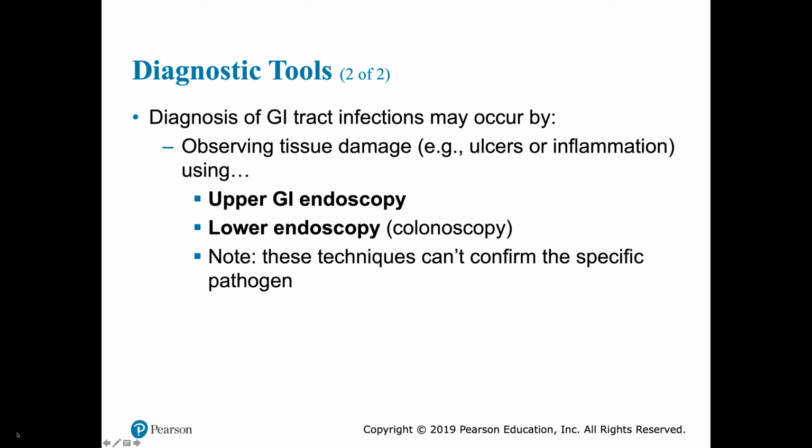So these are really useful tools, but you have to know what you're looking for, if you're looking more for damage and signs of infection as opposed to identifying a specific pathogen.